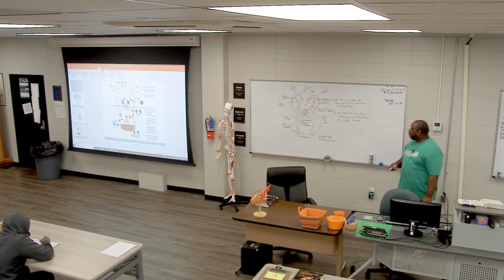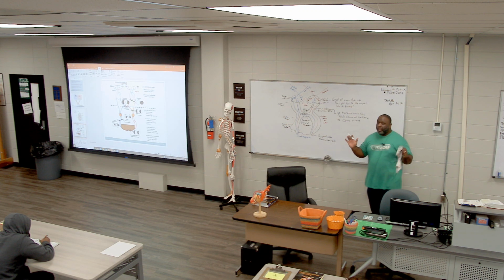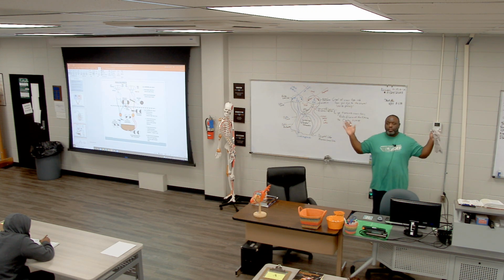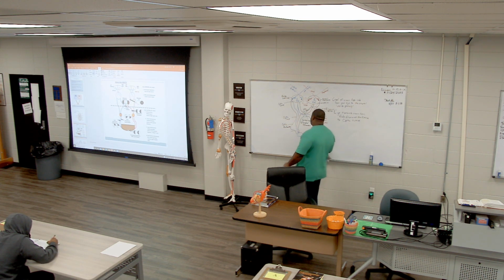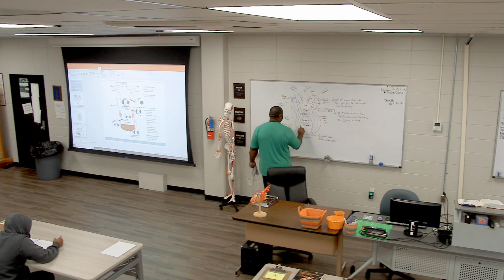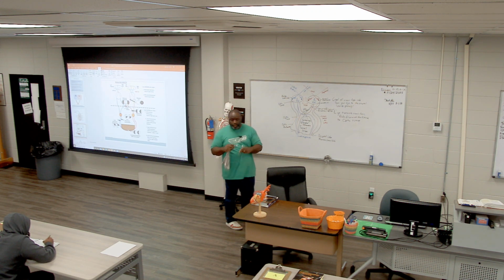So bitemporal hemianopia, if I take out the chiasm, because I'm losing my peripheral vision. Or another term for this that you probably have heard is tunnel vision. That's a common term you'll hear.